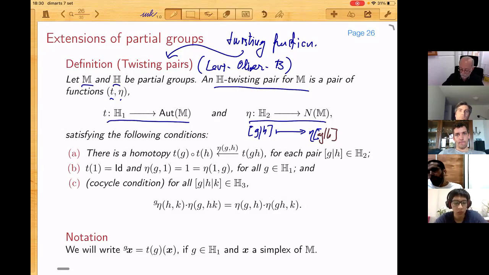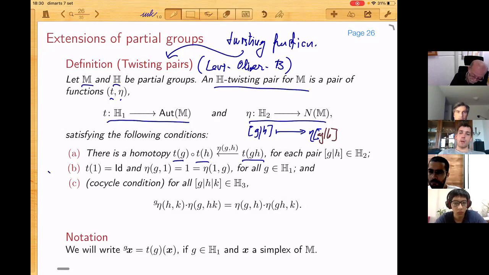That's the advantage of having elements in this normalizer. So satisfying these conditions, these elements in the normalizer define the lack of T from being a homomorphism, right? So T of GH and TG composed with TH are homotopic, but maybe not the same, right?